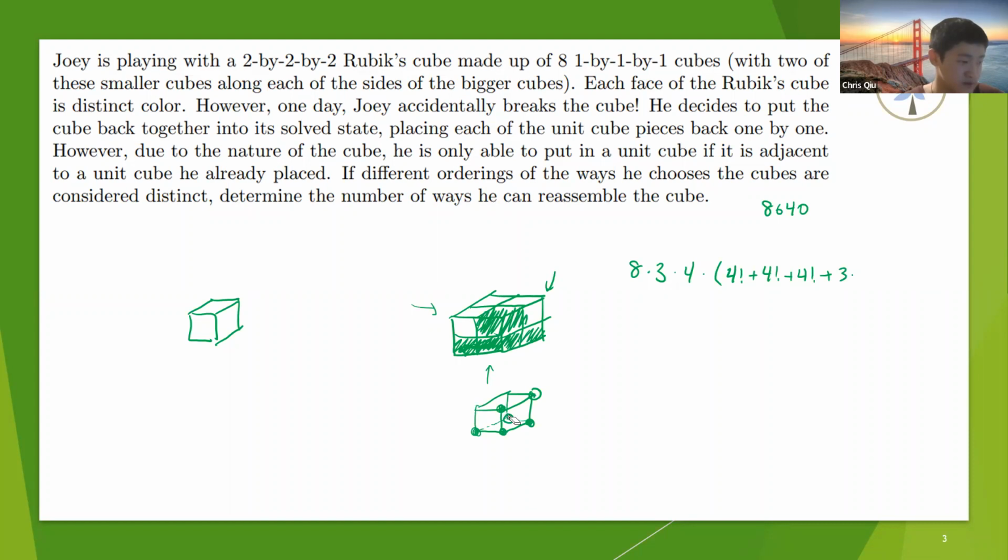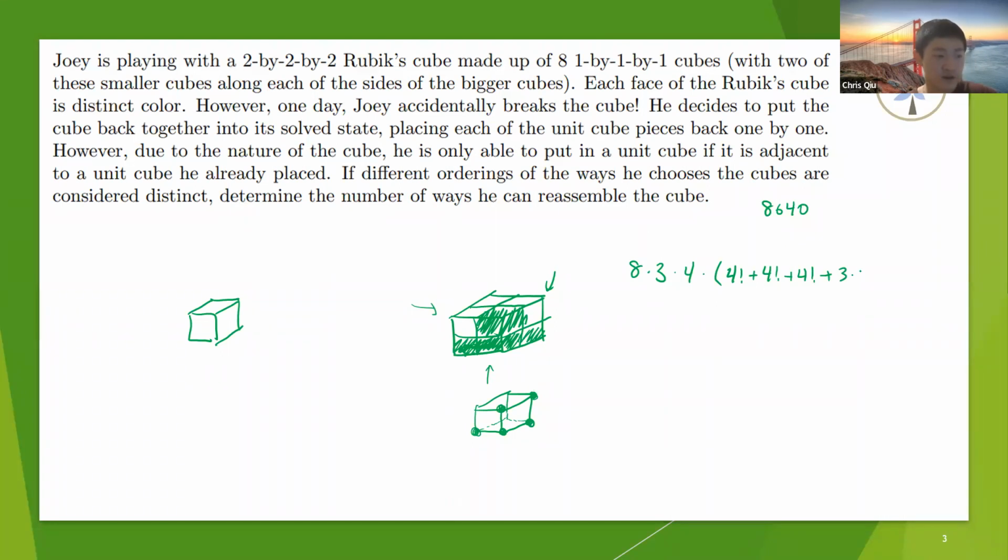And let's just say we place our next cube over here. Then all of the 3 remaining cubes can be rearranged in any way we want, because they are already all adjacent to at least one of the cubes we already placed.